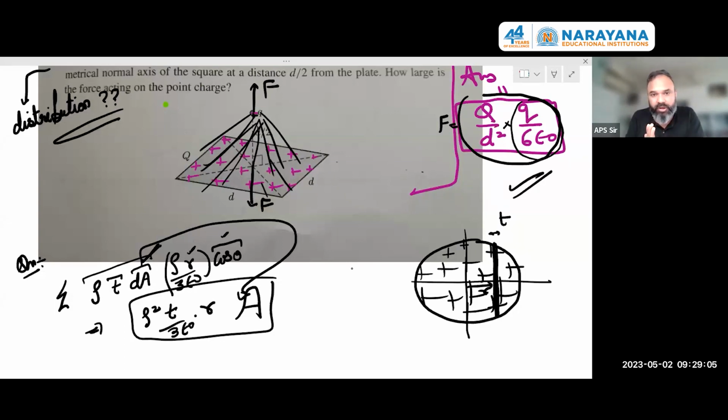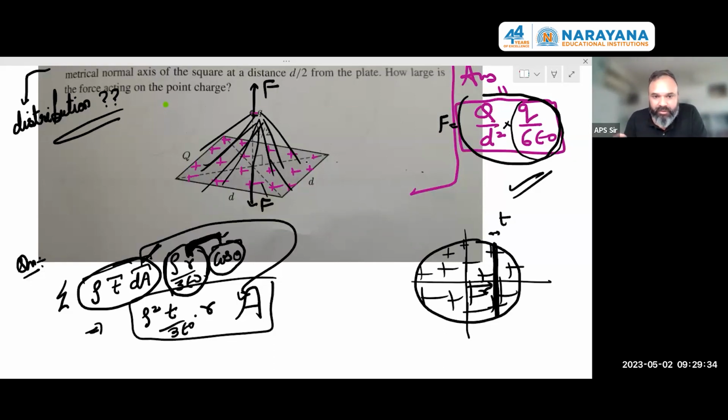So this is the field function, this is the cos theta term by symmetry, and this is the charge term. The constants I have taken outside. If you look into these terms carefully, think in terms of flux. You will get the result.